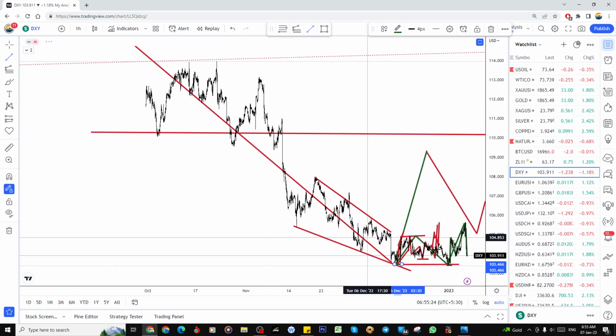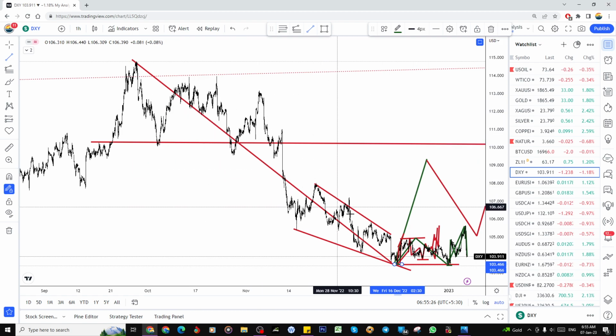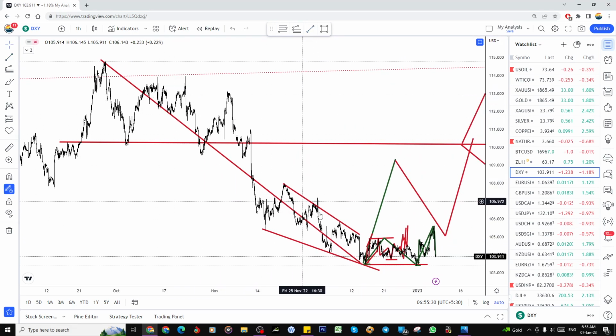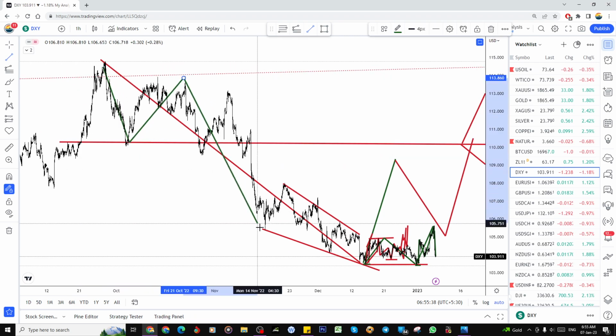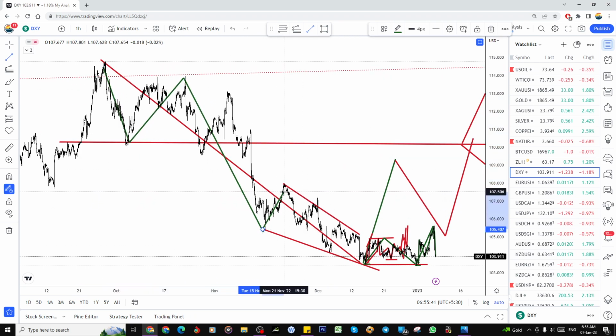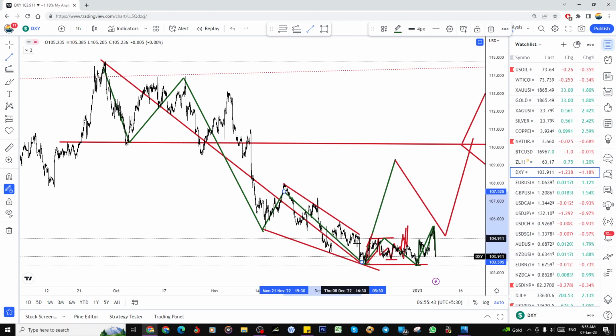If I'm not able to point out all the wave counts, it seems like this, and later onwards this is the end of the trend, what I thought.